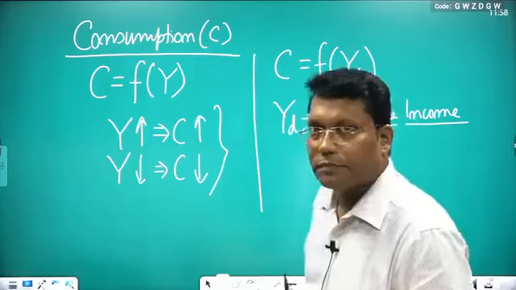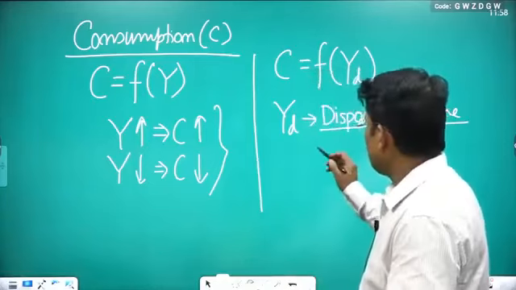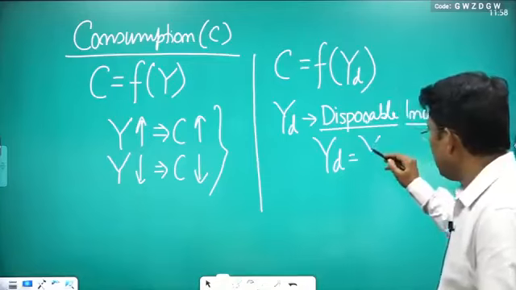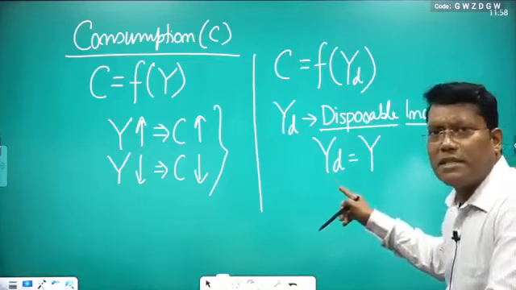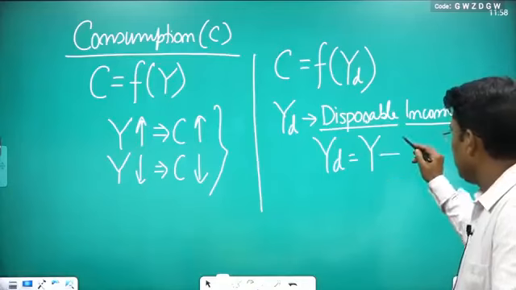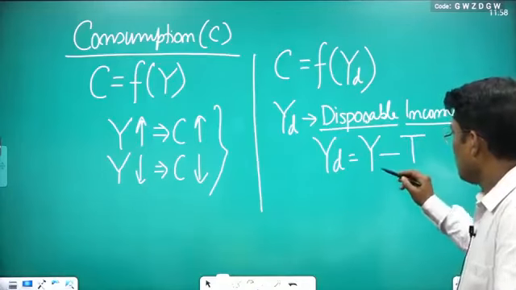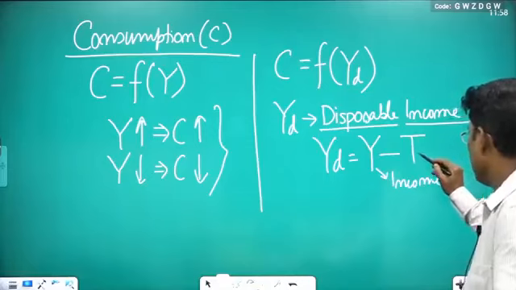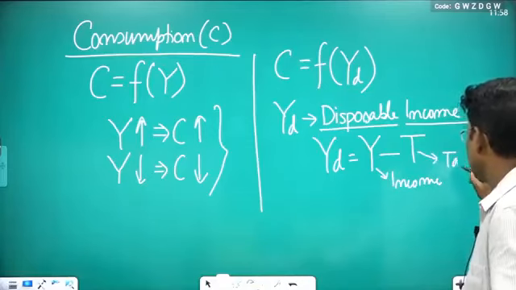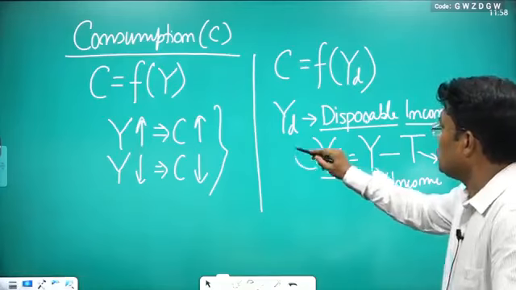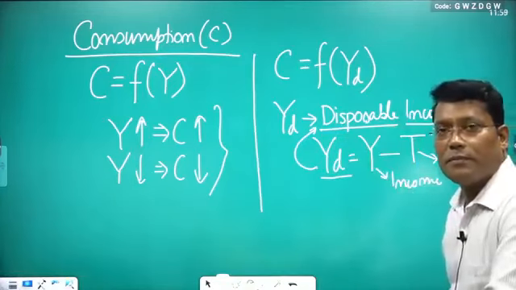Clear? So you can write it, no issue. You can write YD equal to Y minus T, where Y is your income, YD represents the disposable income, and T is your tax. If you subtract the tax amount, you are getting the disposable income.